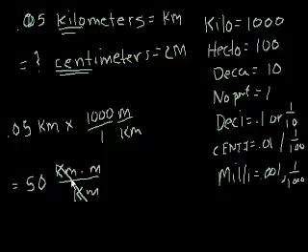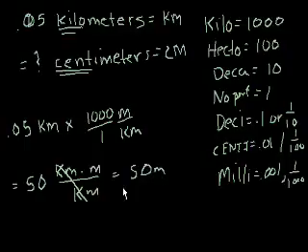Just so you're familiar with this, you can treat units exactly the same way that you would treat numbers or variables. If you have the same unit in the numerator and the denominator, you can cancel them out, assuming that they're not adding units, you're multiplying units. So you had kilometers times meters divided by kilometers, and that equals 50 meters.